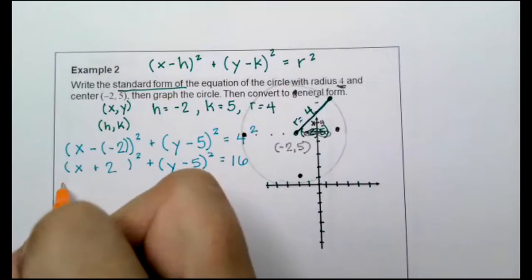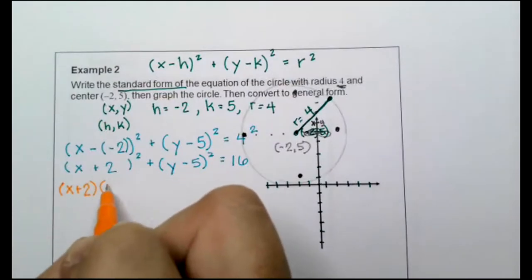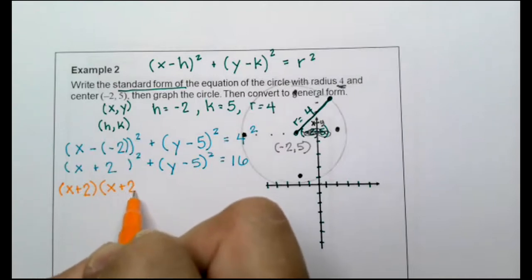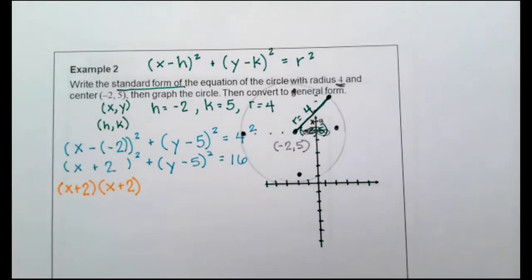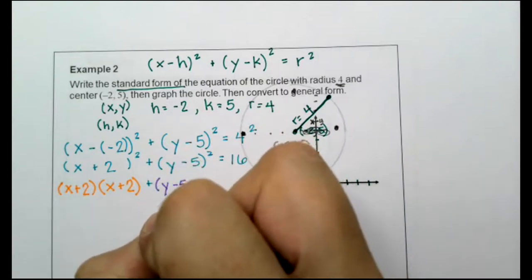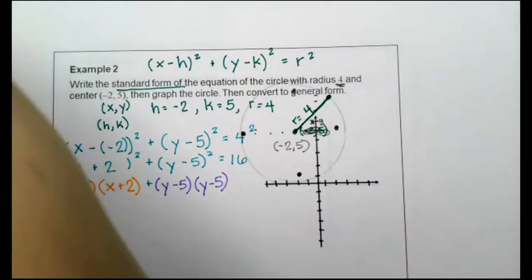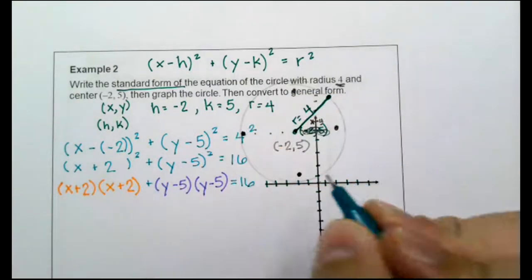X plus 2 squared just means x plus 2 times x plus 2, right? Plus y minus 5 squared is just y minus 5 times y minus 5 equals 16.